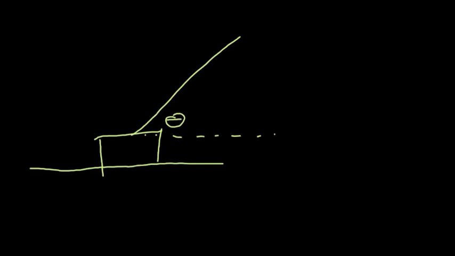But to do that, I need the horizontal component of tension. So at that point, we would take the tension times the cosine of the angle. Because if you remember from trig, cosine would be the adjacent side to the angle, so the horizontal direction, divided by the hypotenuse, which would be tension.